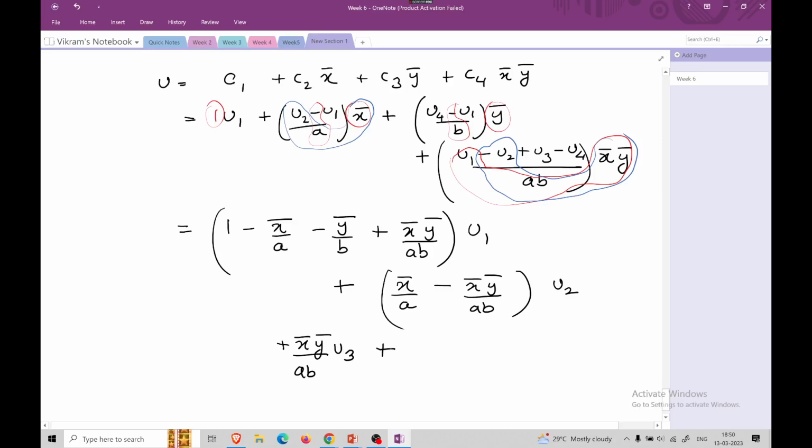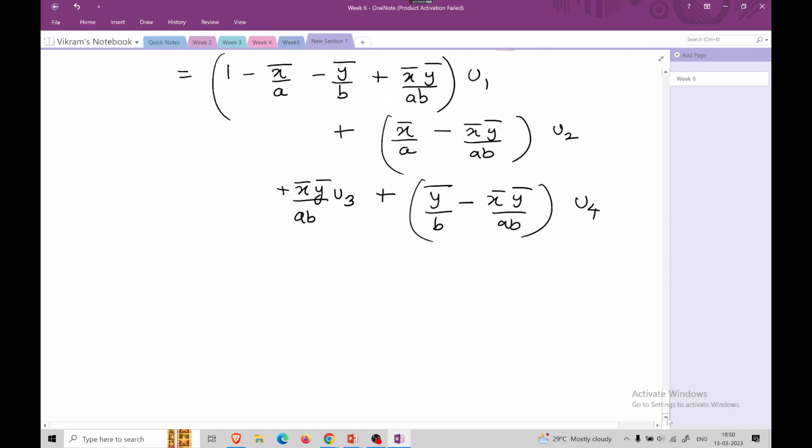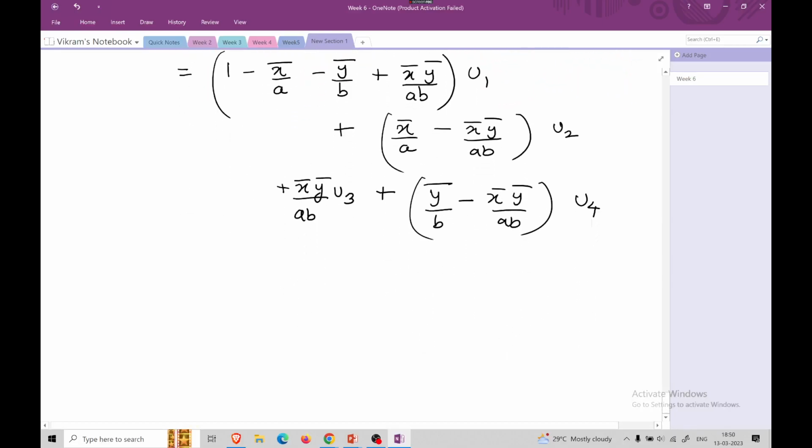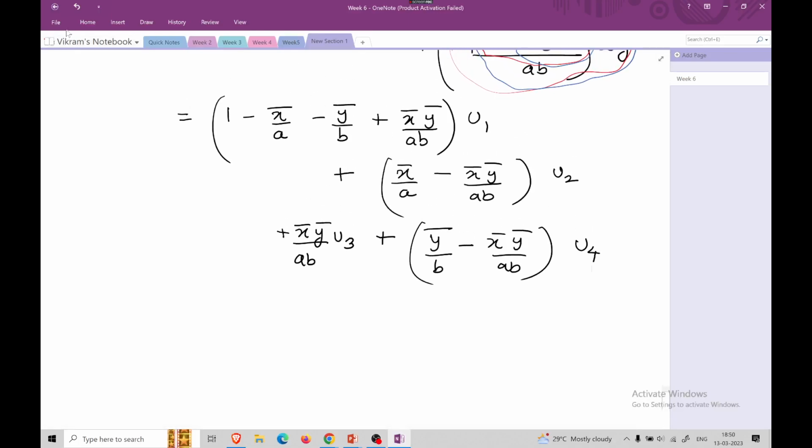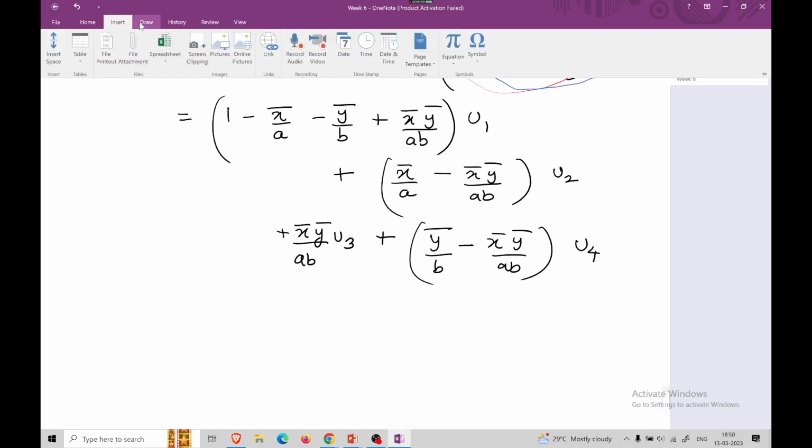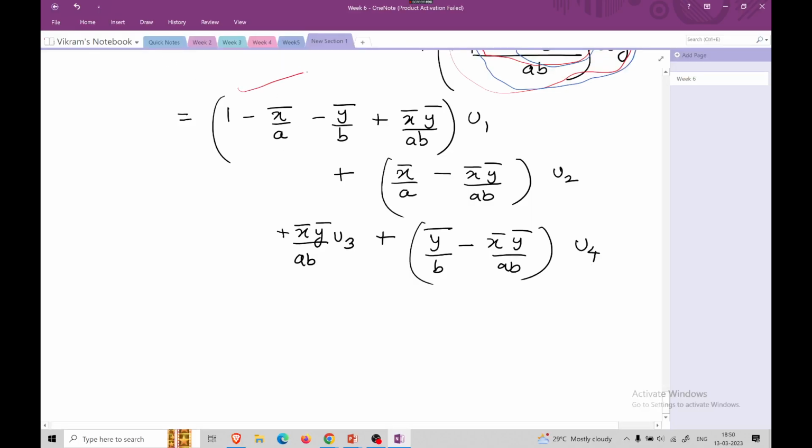For U4 there are two terms, one is y bar by B, then again from here minus x bar y bar by AB, into U4. I'll further simplify this. But first, before simplifying, this is going to be my psi 1, this is my psi 2, this is my psi 3, and this is my psi 4.